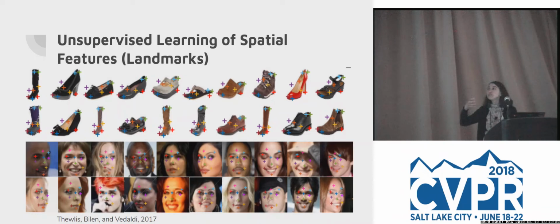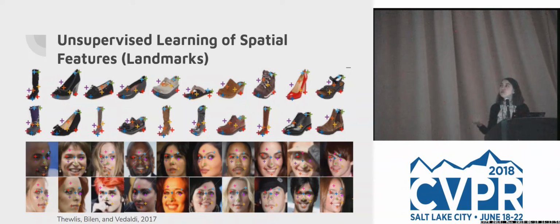And when they do this, they're able to recover the landmarks for things like shoes. So you can see it matches well on the tip of the shoe or on the back of the shoe and so on. And they're also able to learn landmarks in an unsupervised way for things like faces and cat faces and things like that.